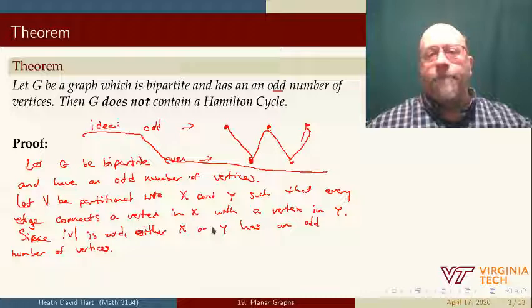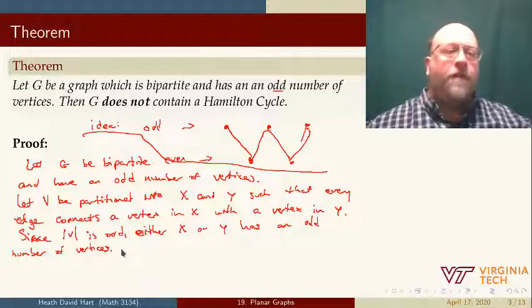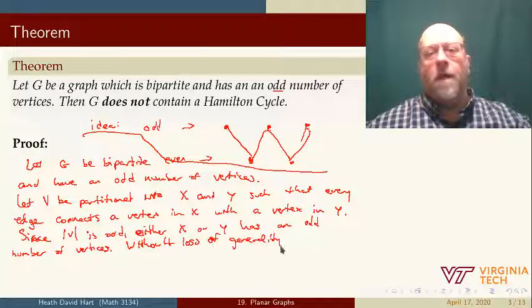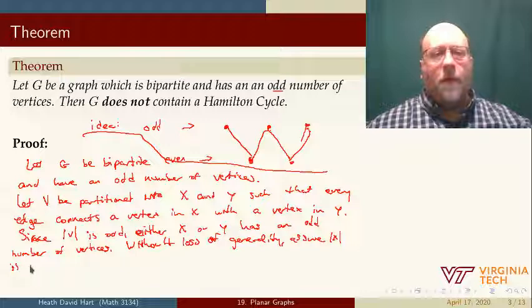Okay, either X or Y has an odd number of vertices without loss of generality. Assume it's X. So assume the cardinality of X is odd. Let little x be a vertex in X.